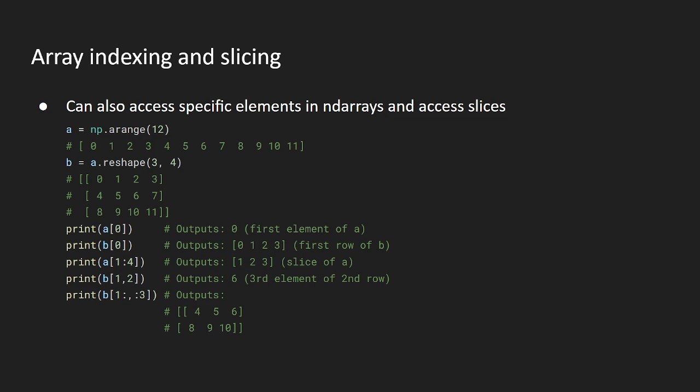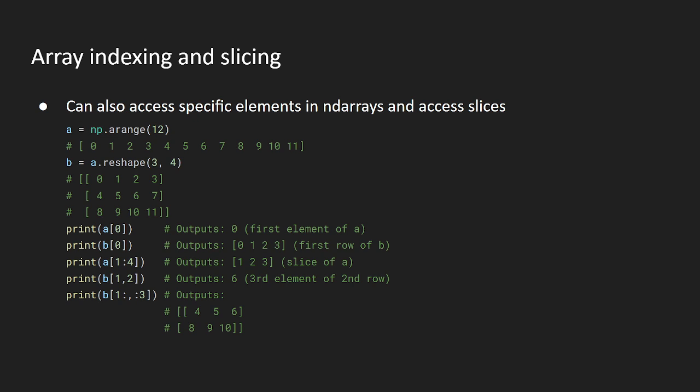So indexing and slicing, you can use the brackets and a certain number to get the element at that index. So like A[0] would return the first element of A, which is just 0.